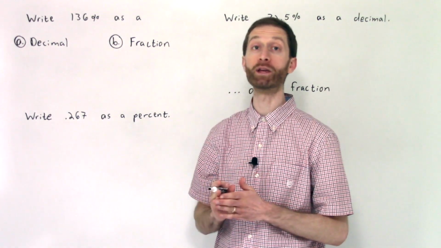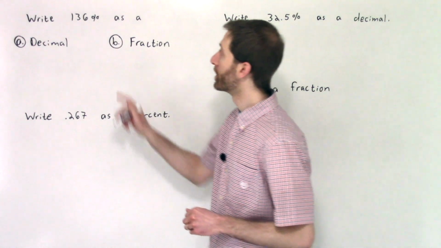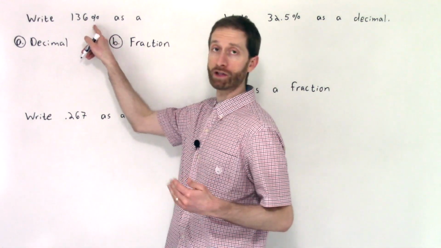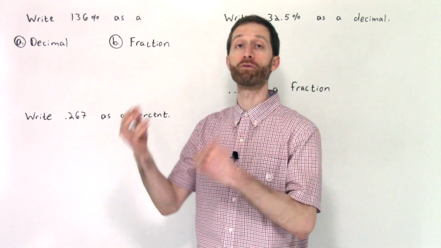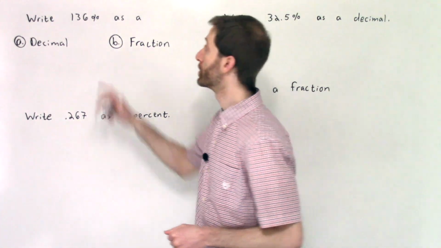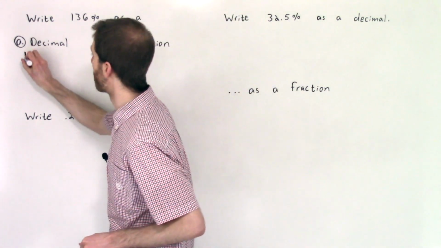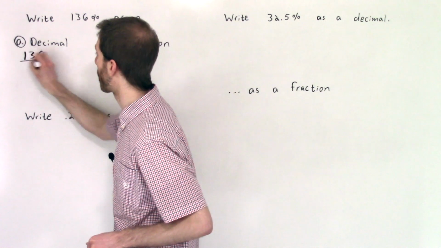So how do we do that? Well, it's much like how we convert any percentage into a decimal. I use the direct translation of a percent to mean for every 100 or per 100. So 136%, if you remember, is 136 per 100.